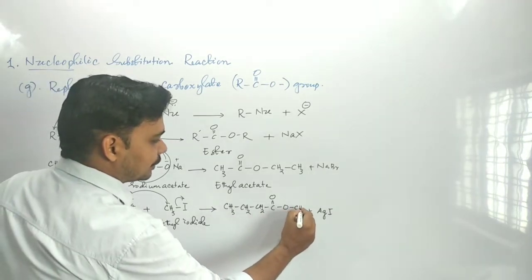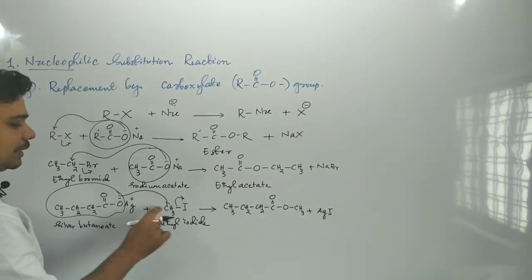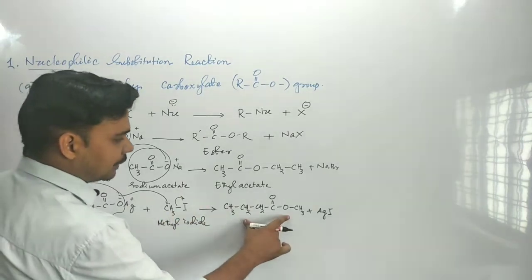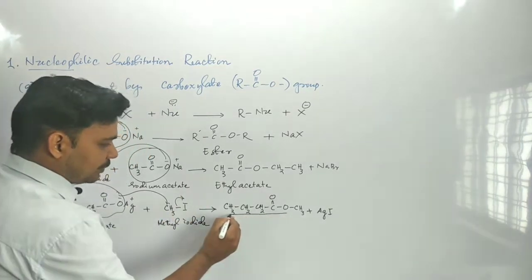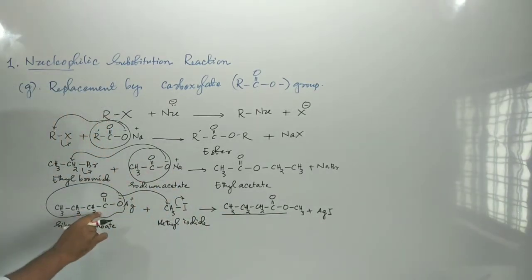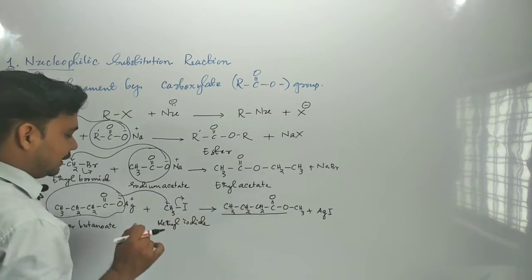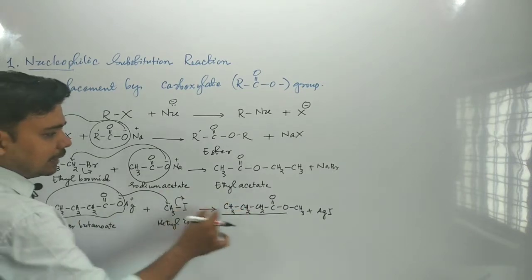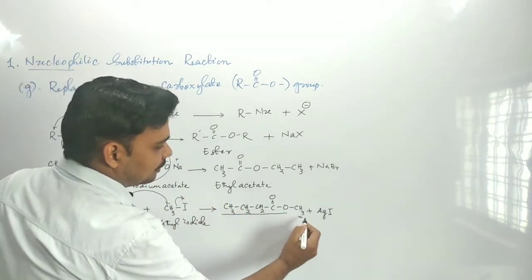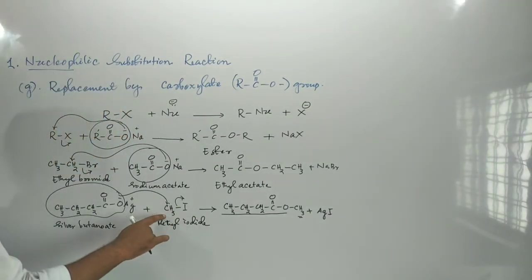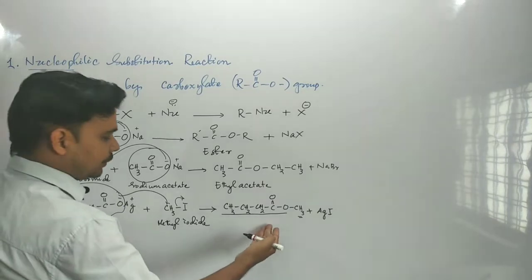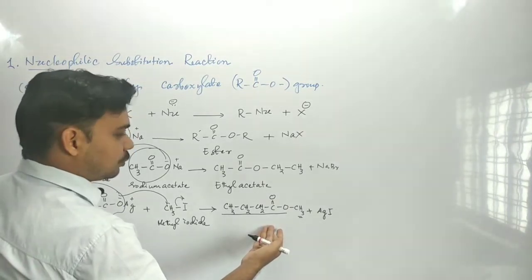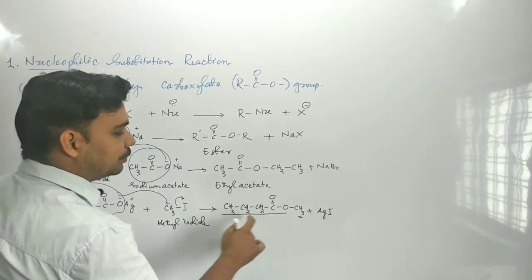When this oxygen is attached to the methyl group, you will get your final ester. In this ester, the carboxylate part has been obtained from your reagent, which is the nucleophile here, and the alkyl part has been obtained from your substrate molecule, the alkyl halide. Finally, the ester formed here is methyl butanoate.